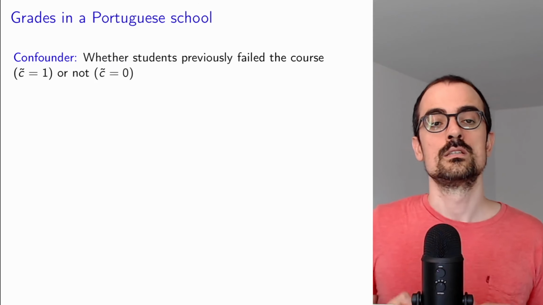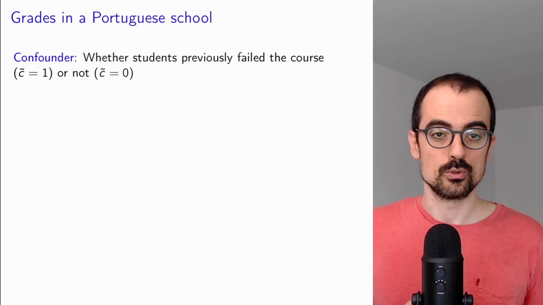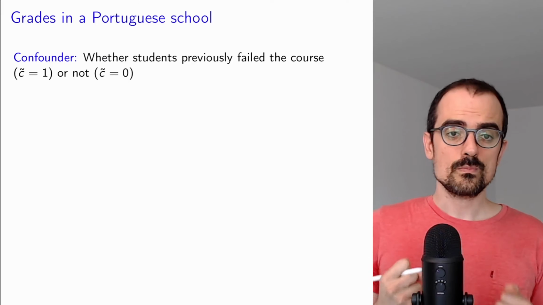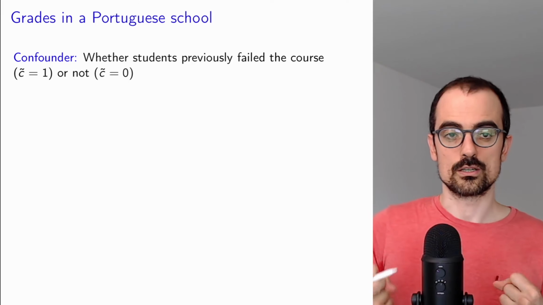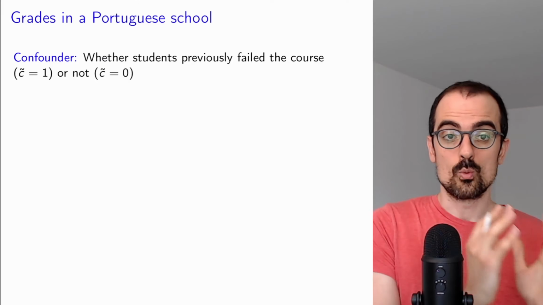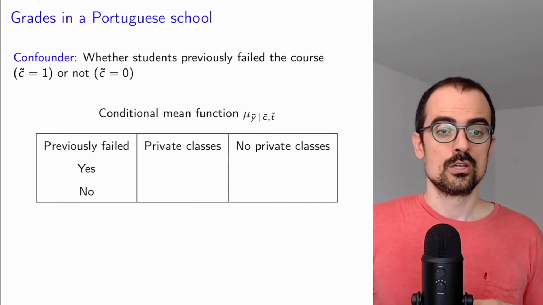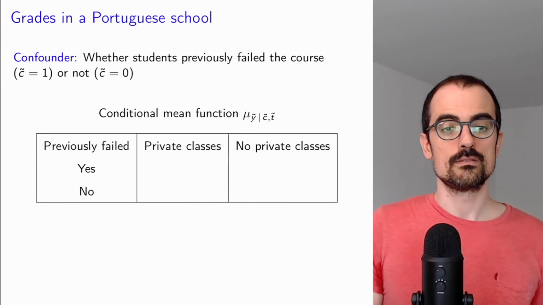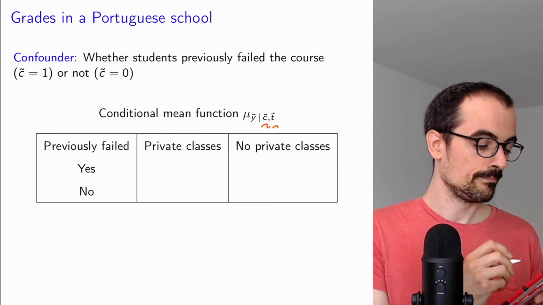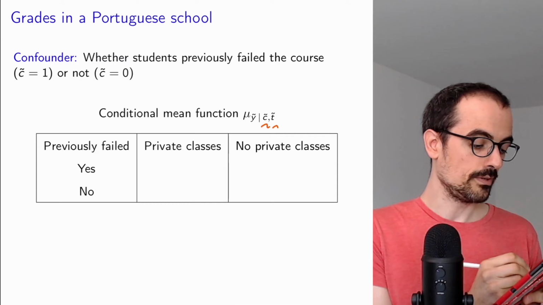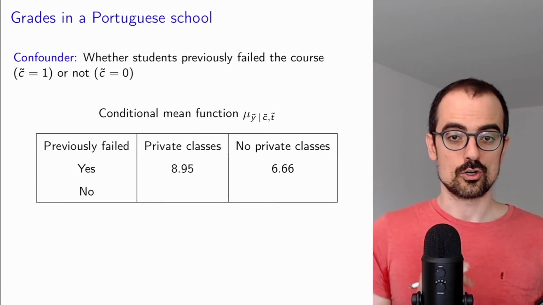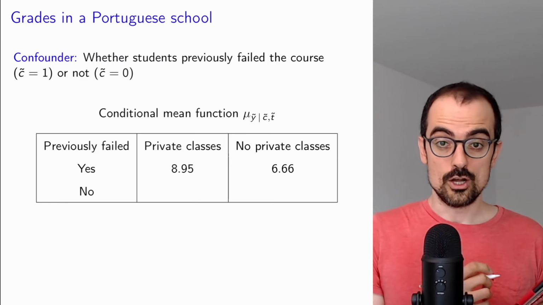Let's take a look at the example with the grades in the Portuguese school. A possible confounder here is whether students previously failed the course or not, which might reflect that they are weaker students. If we look at the conditional mean function given both the confounder and the treatment, for students that previously failed, whether they receive private classes or not, their grades are relatively low.